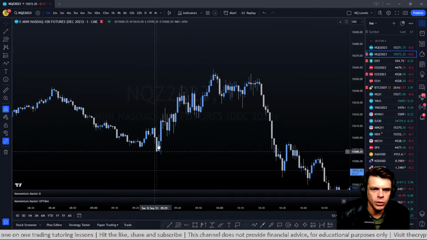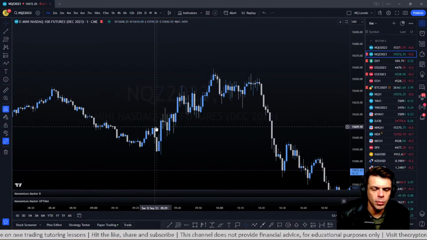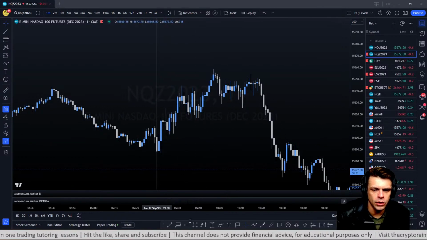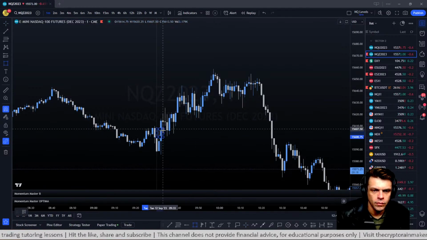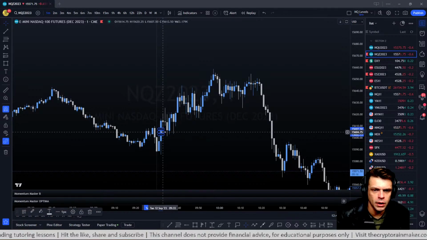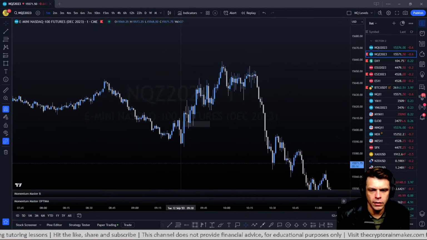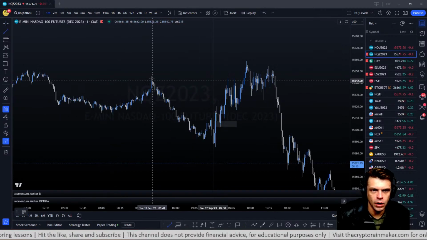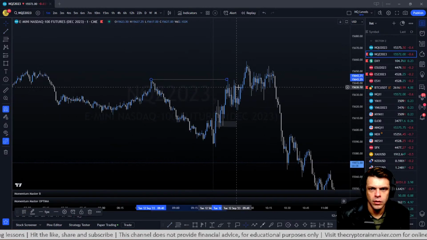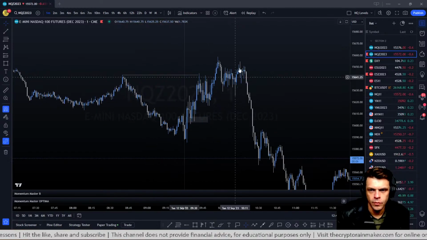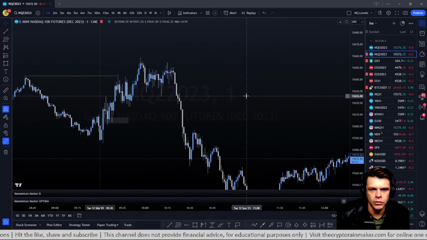They just tapped into it and then displaced away above this high. So that is a market structure shift. And then you just enter on the fair value gap that the displacement creates. And I just ran it to the most recent high that we had right here. Knock out all of the shorts, and then dump to the downside.